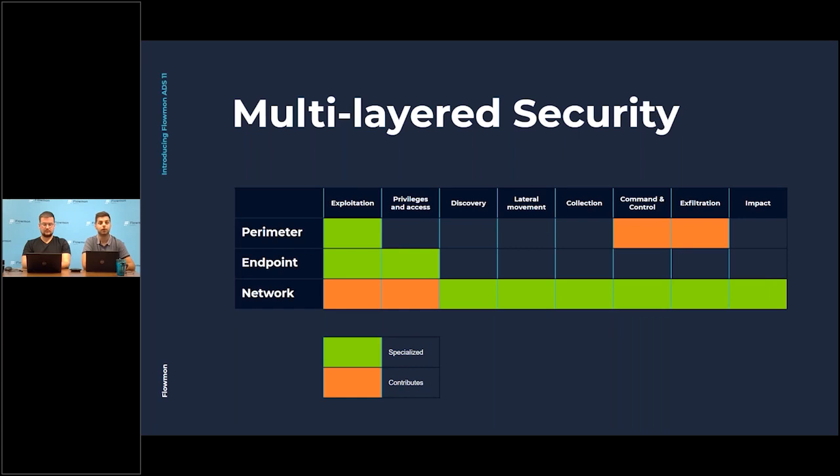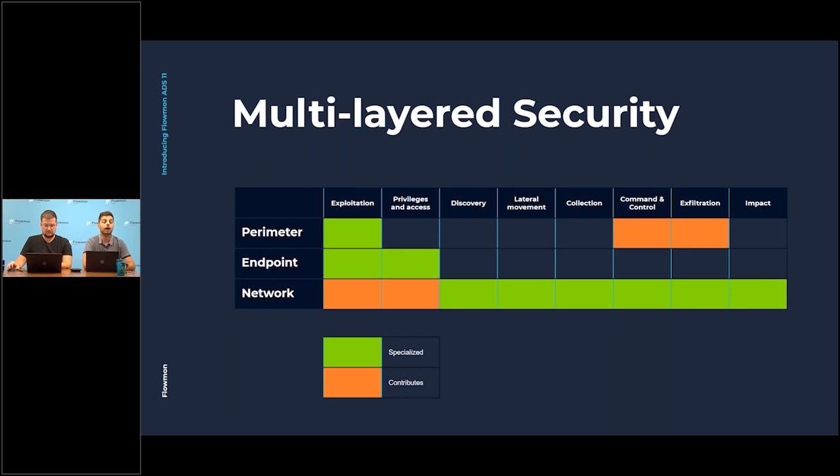And their main benefit actually lies in covering the gap left by traditional approaches. As you can see, we have a MITRE ATT&CK framework that shows us the life cycle of a security breach or security incident. And on that matrix, we show where traditional technologies are specialized and contribute in detecting and responding.